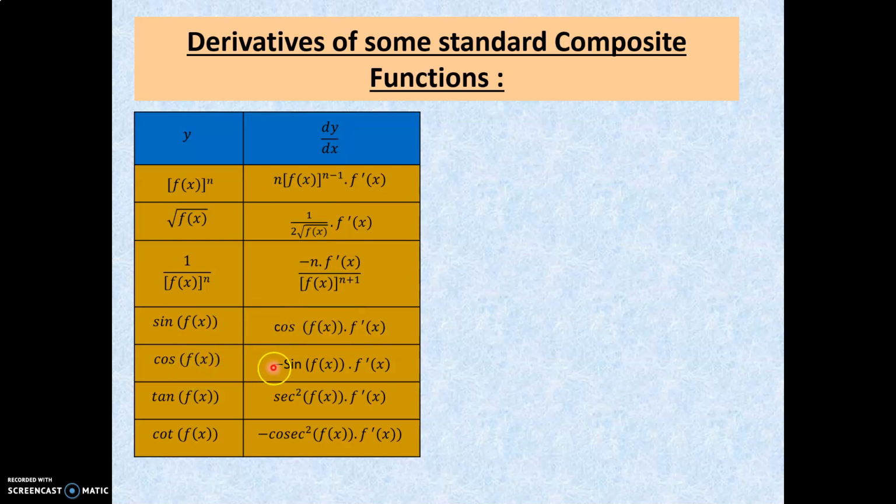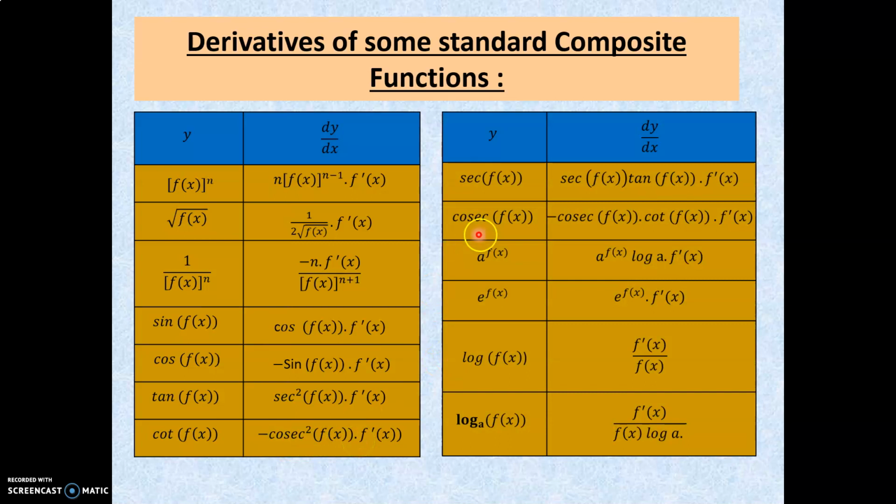Cos of f of x is minus sin of f of x into f dash x. Tan of f of x is sec square f of x into f dash x. Cot of f of x is minus cosec square f of x into f dash x. Similarly, sec of f of x is sec f of x into tan f of x into f dash x. Cosec f of x is minus cosec f of x into cot f of x into f dash x.